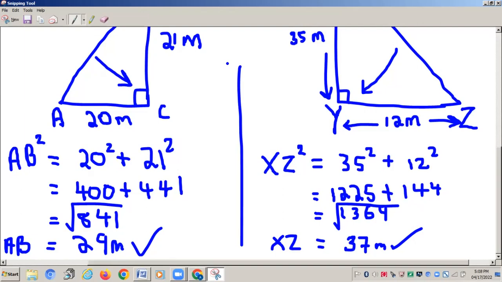I don't have a square root of 35. It's not the square root of 35. The 35 squared is 35 times 35, and 12 squared is 12 times 12. Oh, okay, I got it.